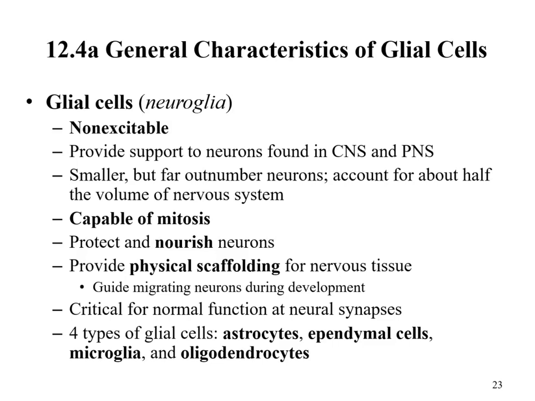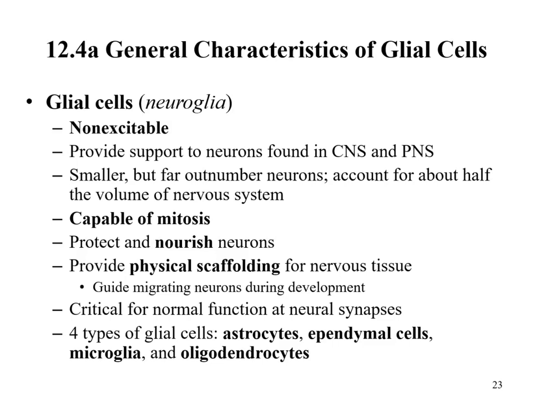All right, let's talk a little bit about glial cells or neuroglia. These are the other cells that you'll see in the nervous system. They're non-excitable, unlike neurons. They provide support to neurons in the CNS and the peripheral nervous system. They are smaller than neurons, but they far outnumber them. They account for about half of the volume of the nervous system.